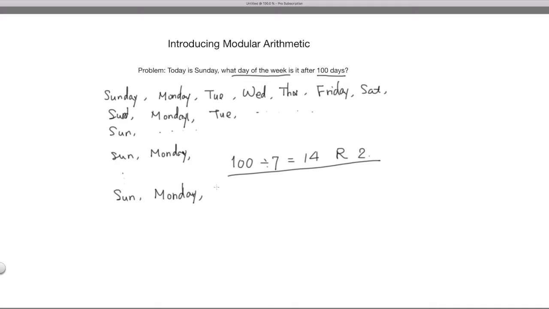And then in 100 days is a Tuesday. So for this question, the answer is Tuesday. We see that for this problem, the most critical element is we only need to find the remainder of that number when divided by 7. The quotient here, 14, does not really matter.